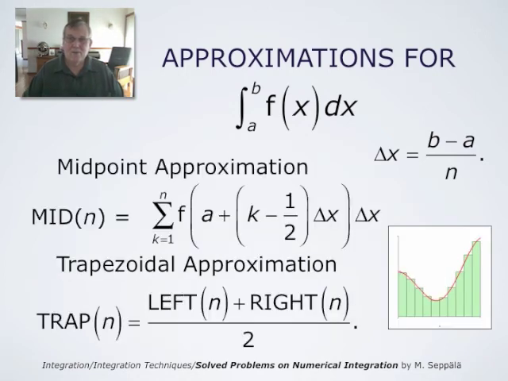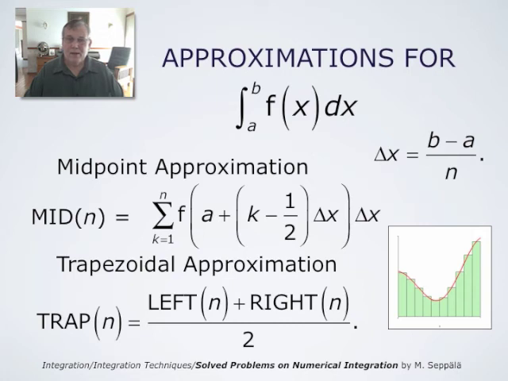Then we have the midpoint approximation, where we choose the tag points to be the midpoints of respective subintervals. So now tk in the mid-n approximation is a plus k minus 1 times delta of x plus 1/2 delta of x. That is, k minus 1/2 times delta of x.